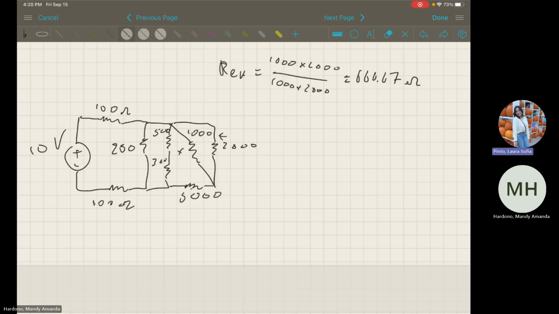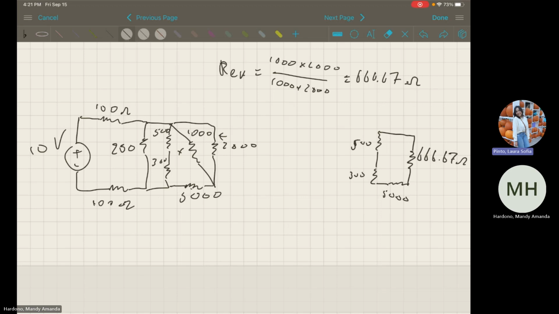You would then have a new circuit to draw, but I'll just draw the right side of it. The 666.67 ohm resistor would come here, the 5,000 right here, and you would still have 500 and 300 over here. Now, what would the next step be?